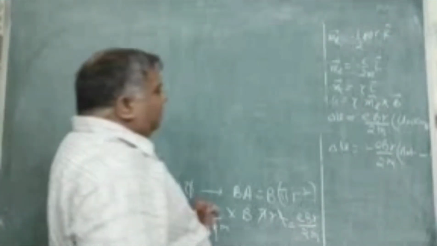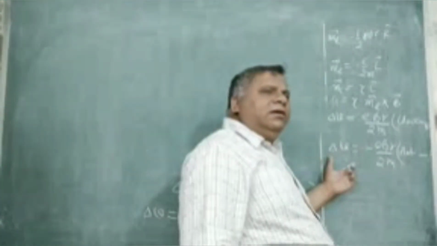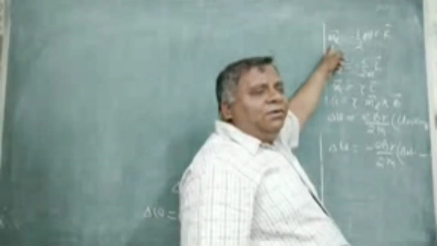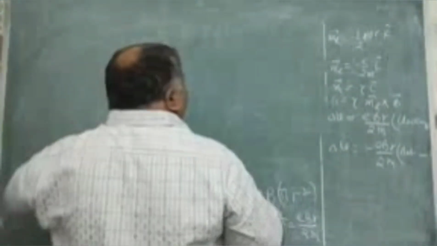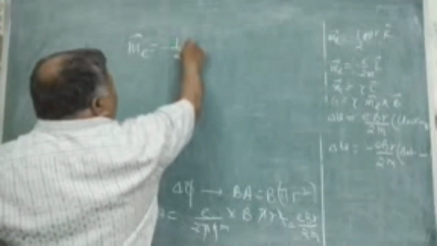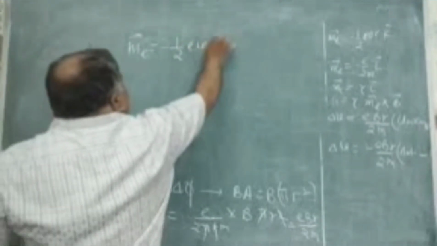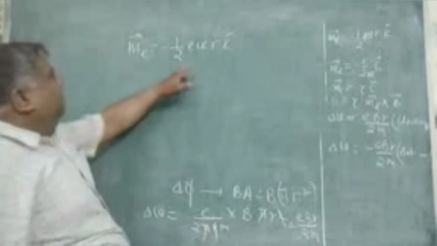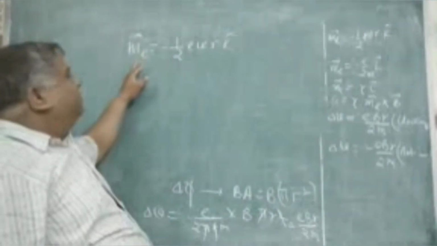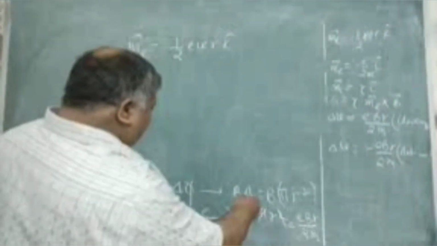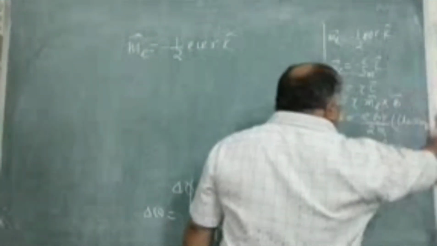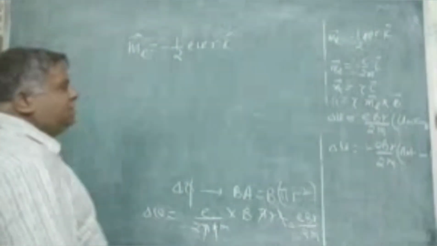Now we have a change in velocities and we have the magnetic moment of evr over 2. Obviously a change in V will result in a change in mL. So let us calculate this change for electron moving clockwise.